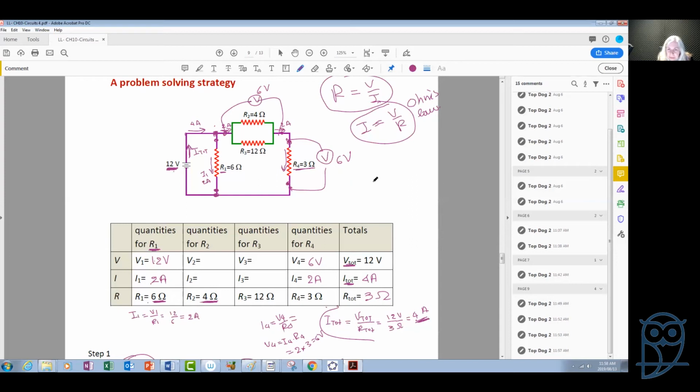So if I draw this part with this resistance R1, and then these other 2 parts here, we said the voltage across this resistor is 6 volts.